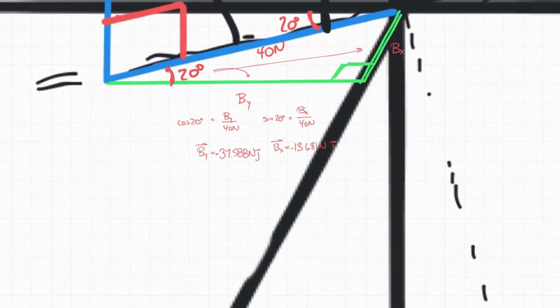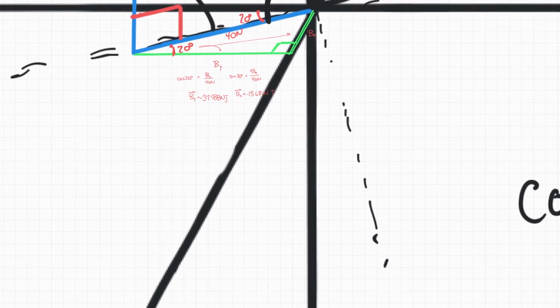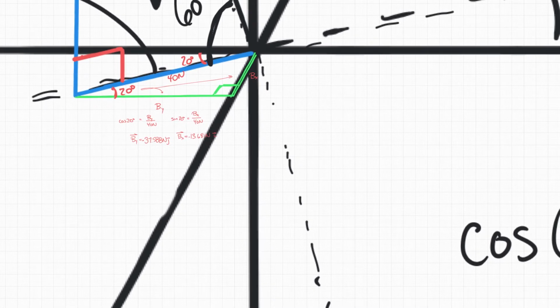So our final answer here becomes, let's just do it right here. B equals, in the x direction, negative 13.681, let's keep the newtons out of this for now, that's going to be our i.